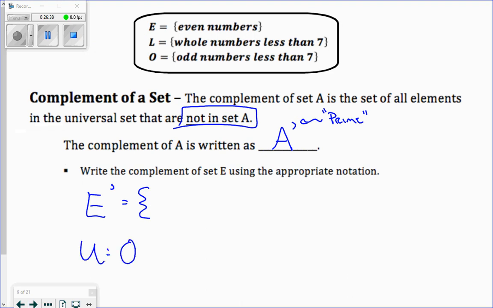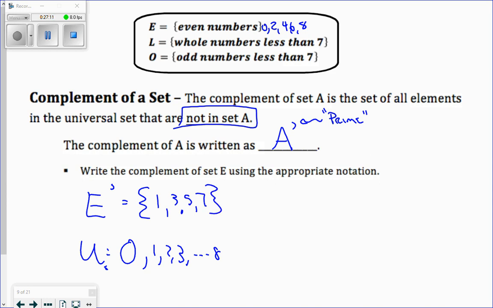E is even numbers, so 0, 2, 4, 6, 8. So what are the elements that are in the universal but that are not in E? 1, 3, 5, 7.